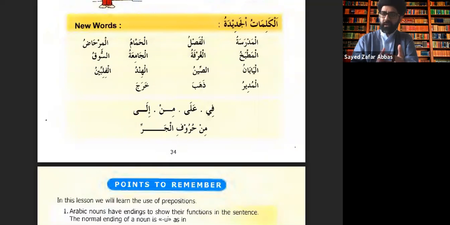Al-yaban, Japan. Al-Sin, China. Al-Hind, India. Al-Philippine, Philippines. Al-Mudir, principal. Dhahaba, went, and kharaja, left. Fi, ala, min, and ila. In, on, from, and to, min huruf al-jar. These are the huruf that we learned.